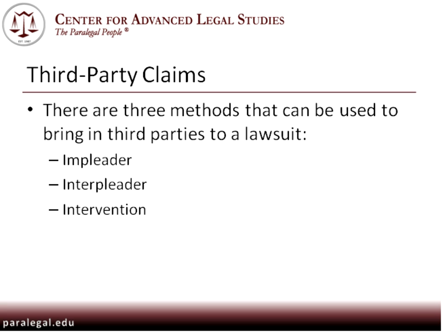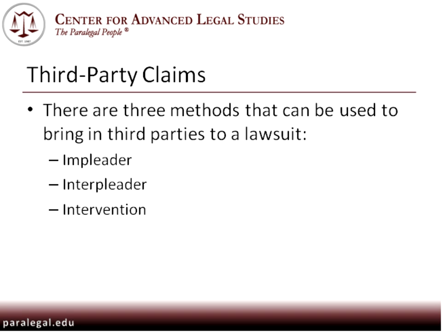Third-party claims. This is what I was kind of talking about. Okay? This is where A is suing B, and all of a sudden B may be suing C. Sometimes. This is where the third parties come in. Well, an impleader, we'll go through these one at a time, but impleader is basically where you want to sue a third party.